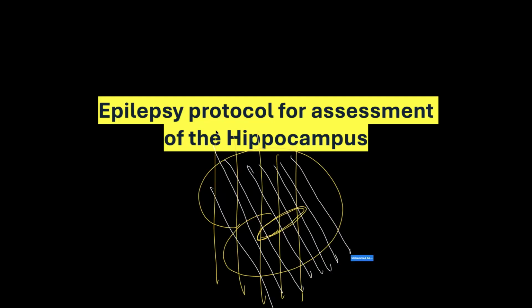This is the philosophy behind the epilepsy protocol of an MRI. So you would have a coronal plane, but not the usual one. It is oriented along the angle of the hippocampus, so you can take clear cuts that allow you to see the internal structures of the hippocampus.